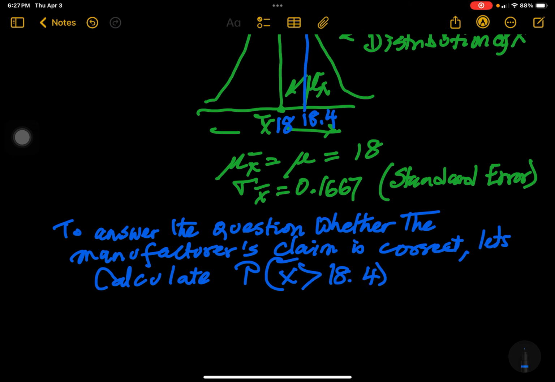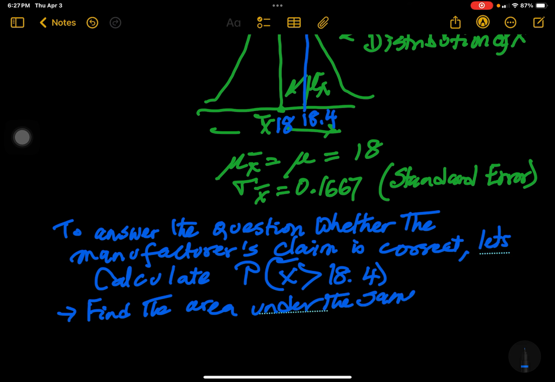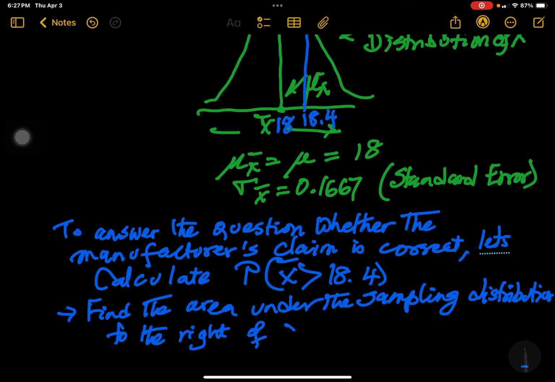That is, find the area under the sampling distribution curve to the right of X bar equal to 18.4.